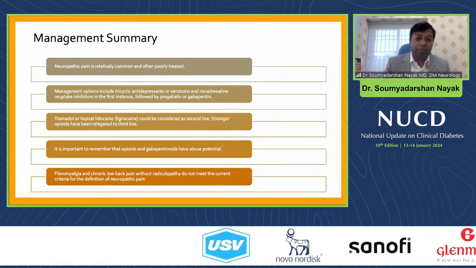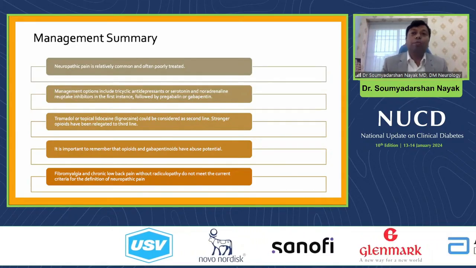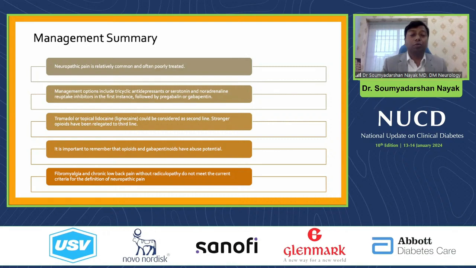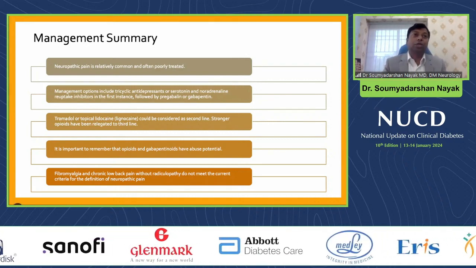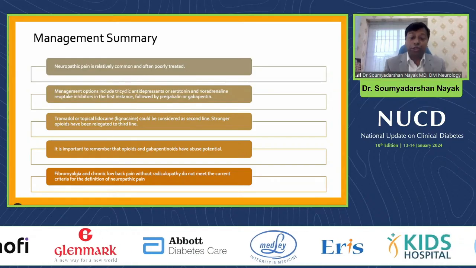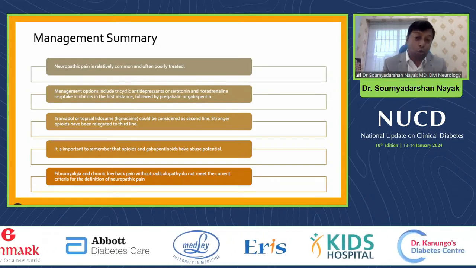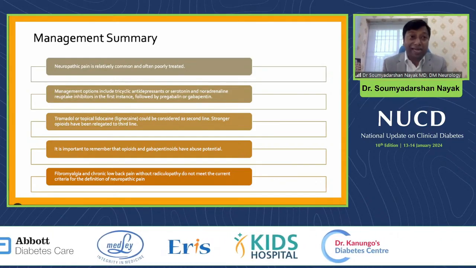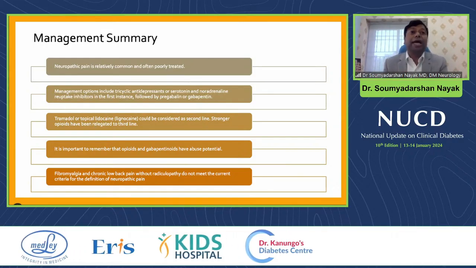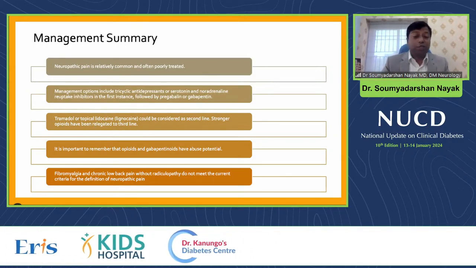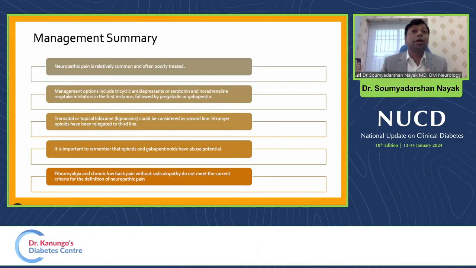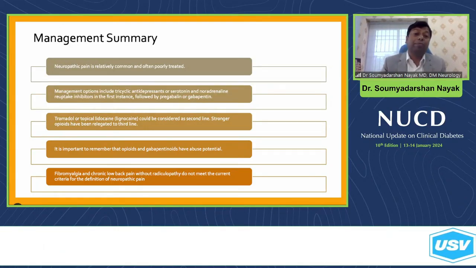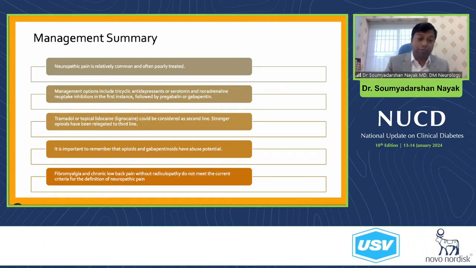So summarizing, it is a very common symptom and the patient requires pain relief. Treatment has to be individualized. You have to be very cautious, especially if the patient has comorbidities, is elderly, or has renal impairment or cardiac impairment, especially when you are using tricyclics, or even when you are using pregabalin or gabapentin in renal patients.